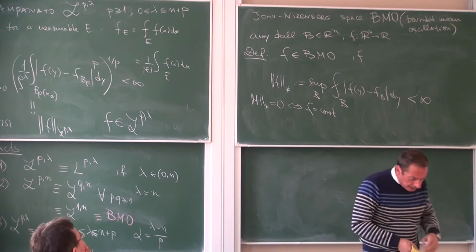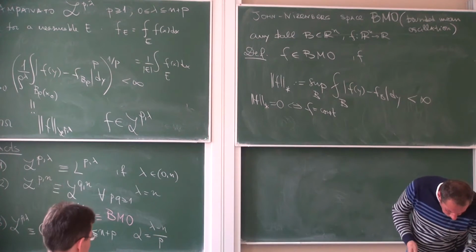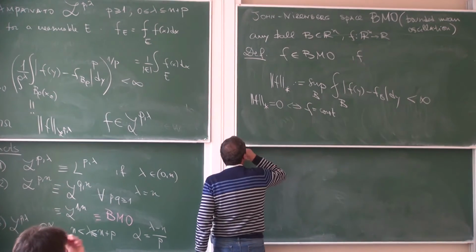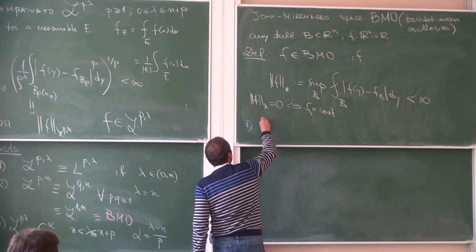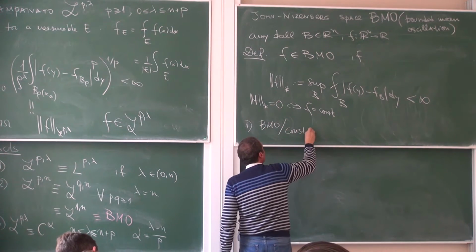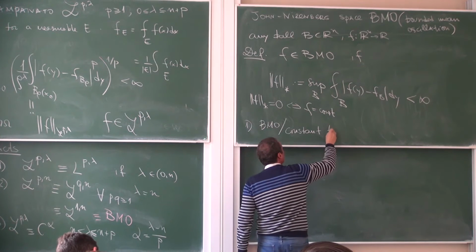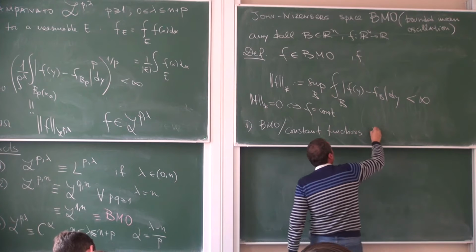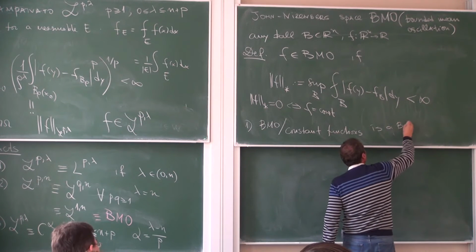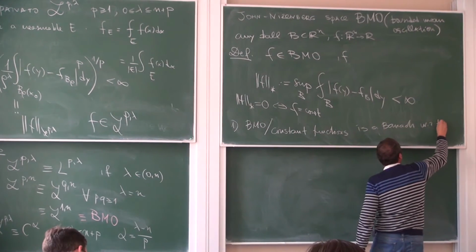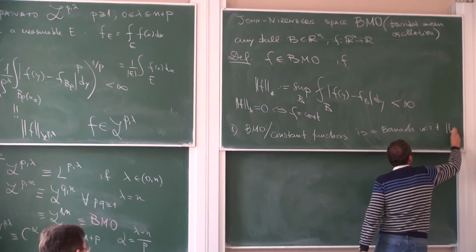Well, some properties of these spaces. Okay, the first one is that BMO, modulo constant functions, is a Banach space with respect to the star norm.